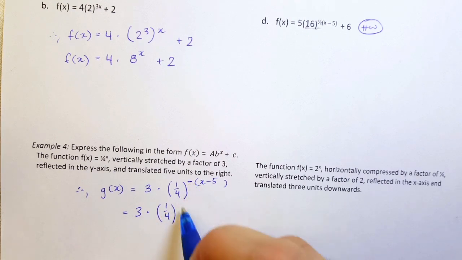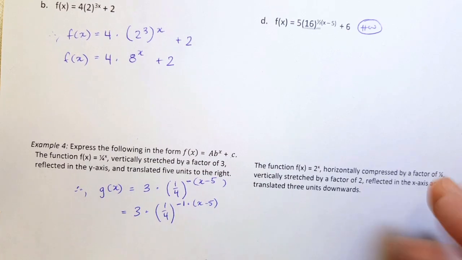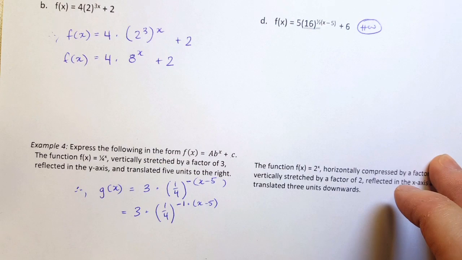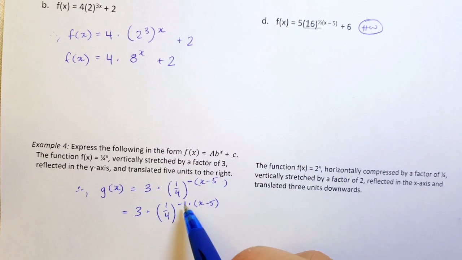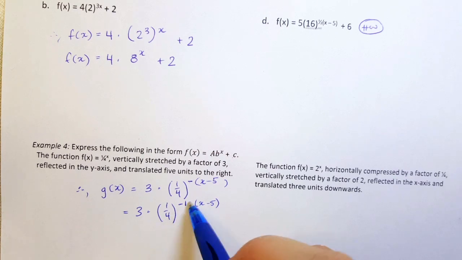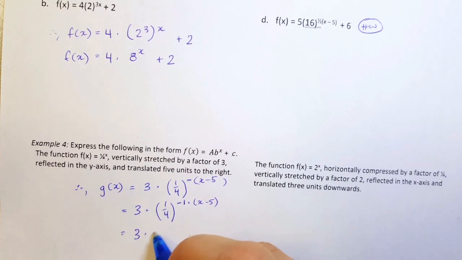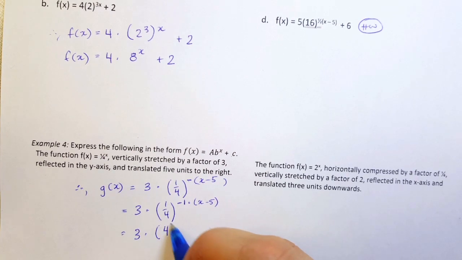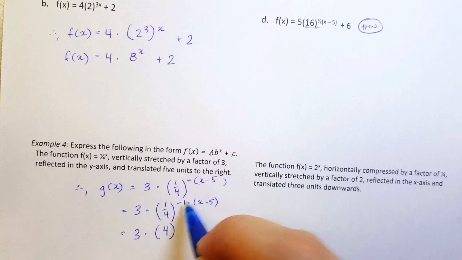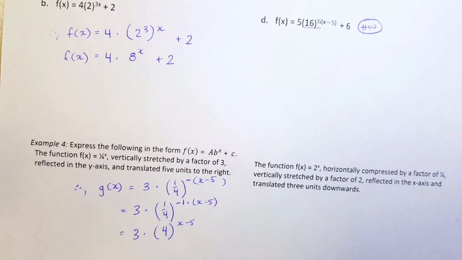And instead of negative, I'm going to write this times negative 1 times x minus 5. And hopefully that will make this a little clearer. Well, this negative 1 I can apply to the base. And applying a negative exponent to the base, especially a negative 1, will cause you to take the reciprocal. So that means 4. And that gets rid of my negative exponent. And now I simply have x minus 5.